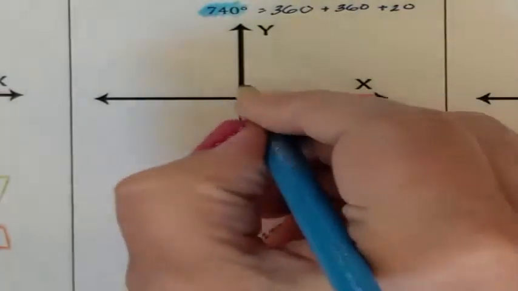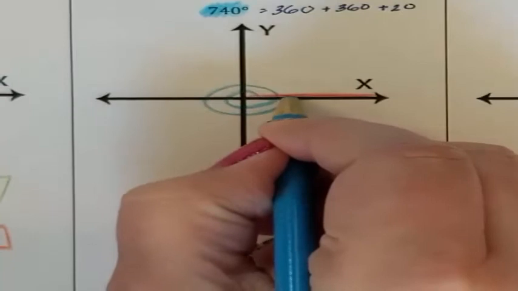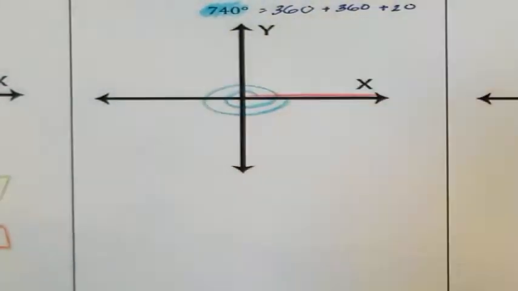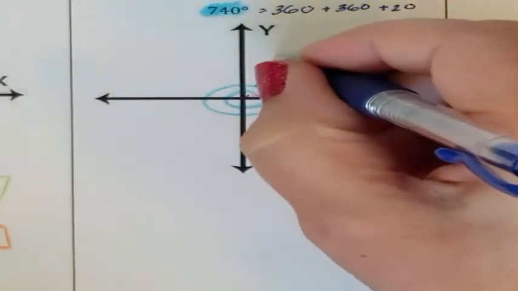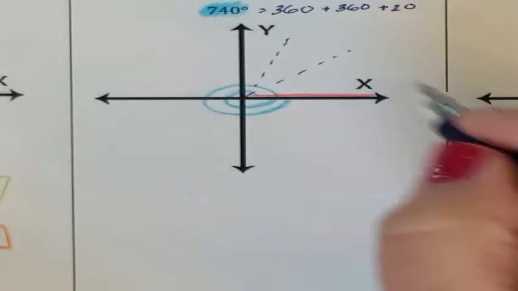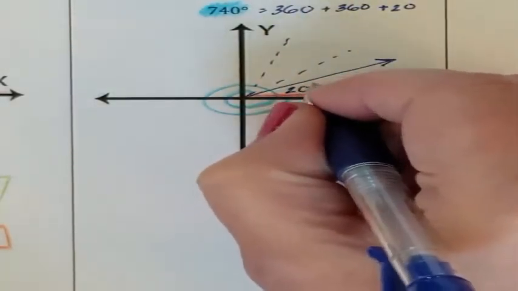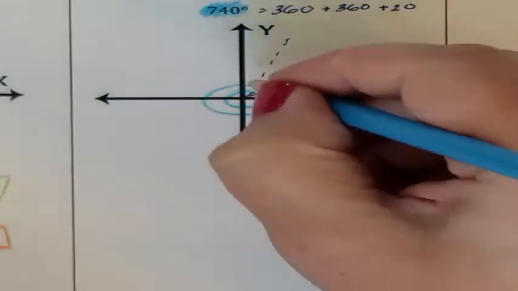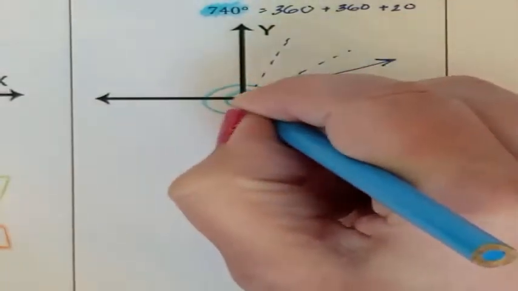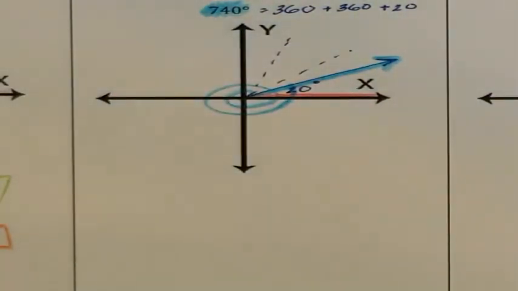I have to travel 1, 2 full times around the circle, and now I need to go 20 more. If I cut this into 3 30-degree segments, I know my 20 degrees would be just a little shy. So this is the remaining 20 degrees that I need to go in order to land on the 740 degrees that they want me to.